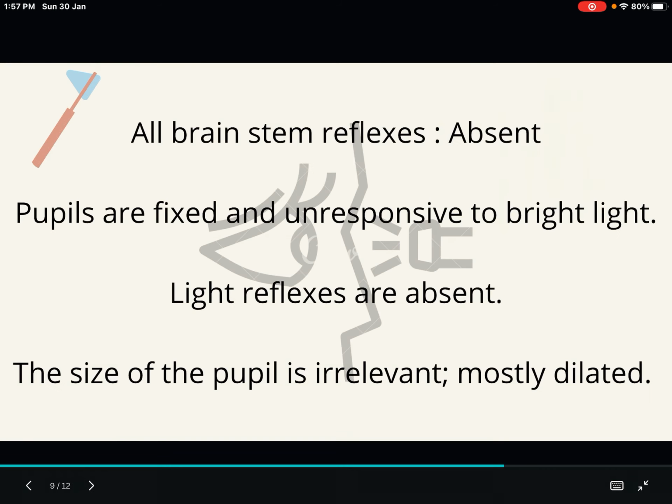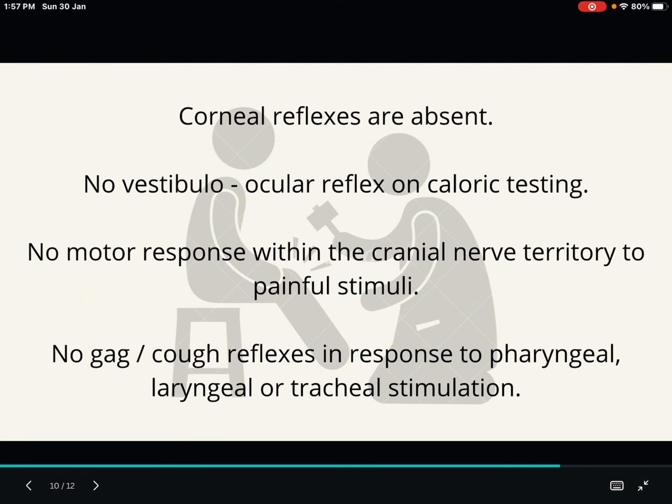Diagnostic tests: all brain stem reflexes will be absent, pupils are fixed and unresponsive to bright light, the light reflexes are absent, the size of the pupil is irrelevant but mostly it will be dilated. The corneal reflexes are absent. There is no vestibulo-ocular reflex on caloric testing, and no motor response within the cranial nerve territory to painful stimuli.